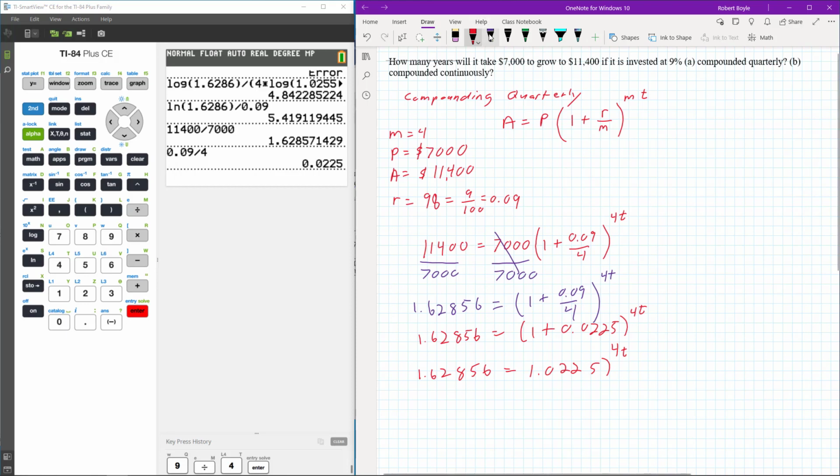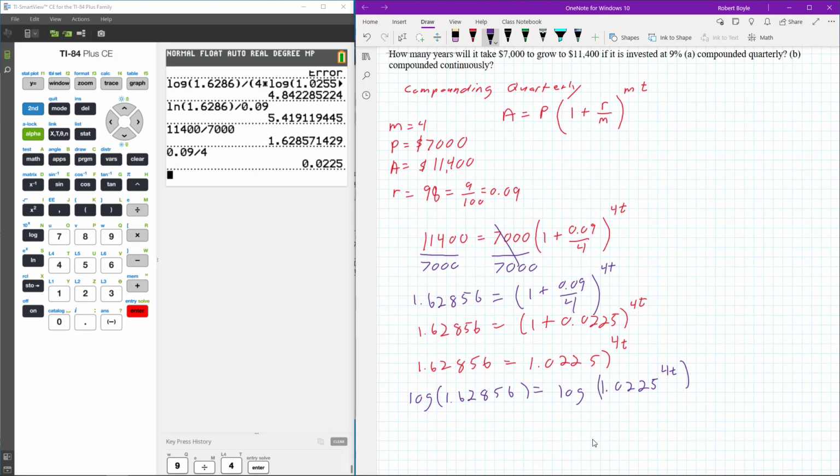We can now go ahead and take the logarithm, and let's do the common log for both sides. So that's going to be log of 1.62856 is equal to the log of 1.0225 raised to the 4t power.